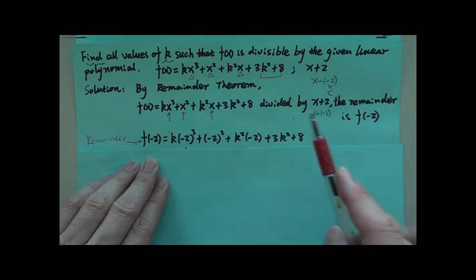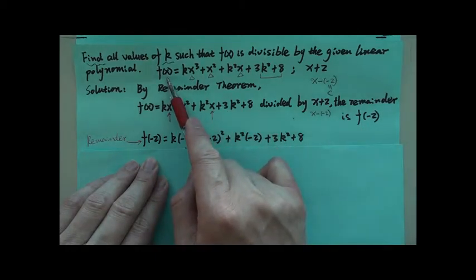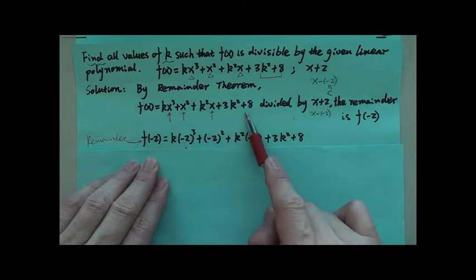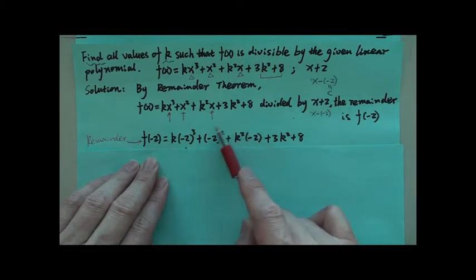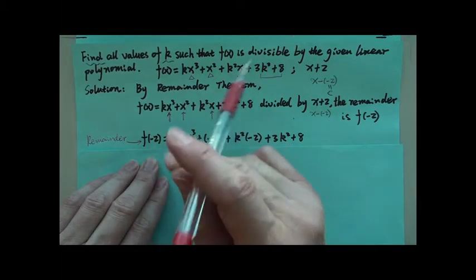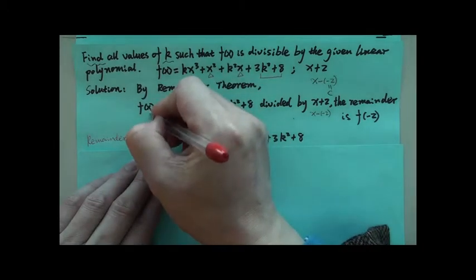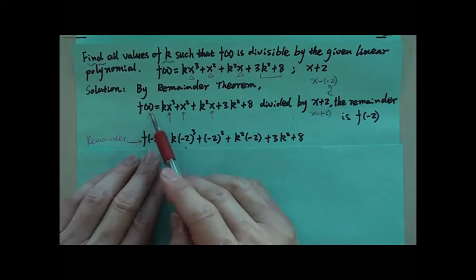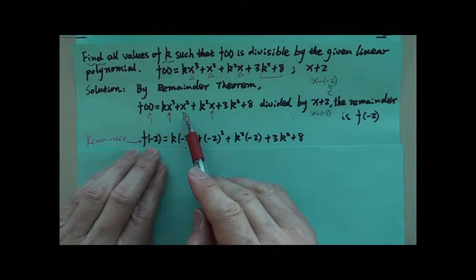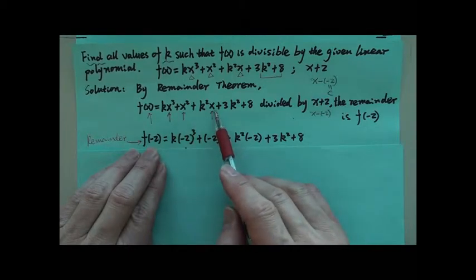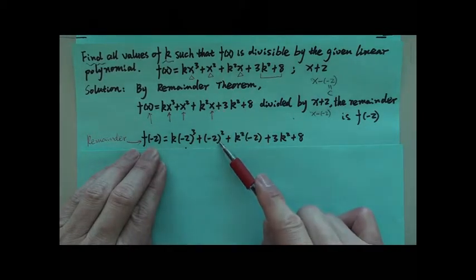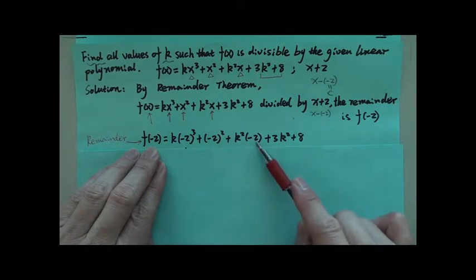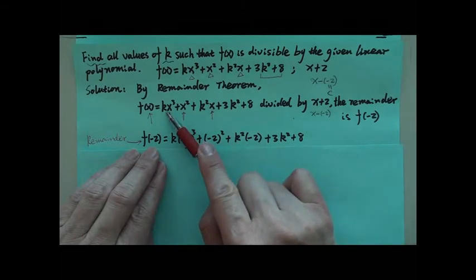So we want to plug in negative 2 here. Now, here is x. If here is negative 2, then everywhere else with x should be replaced by negative 2. K is the one we want to find out.